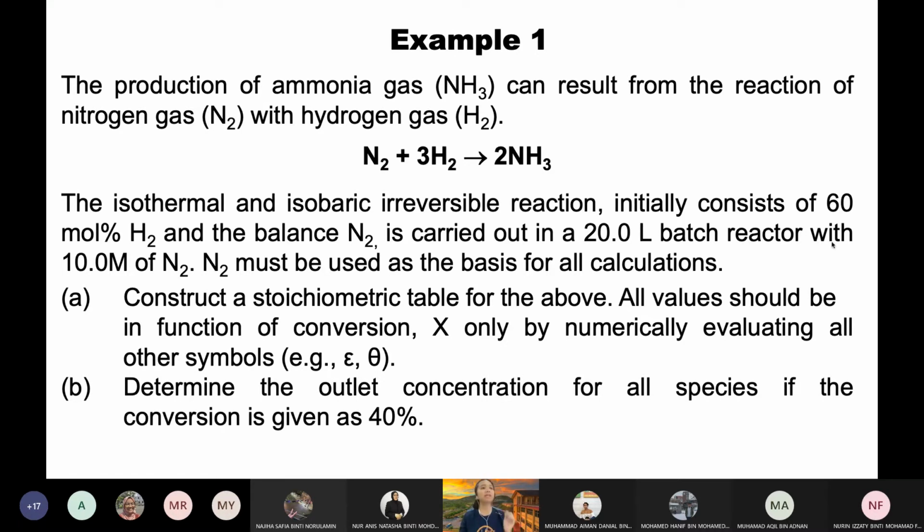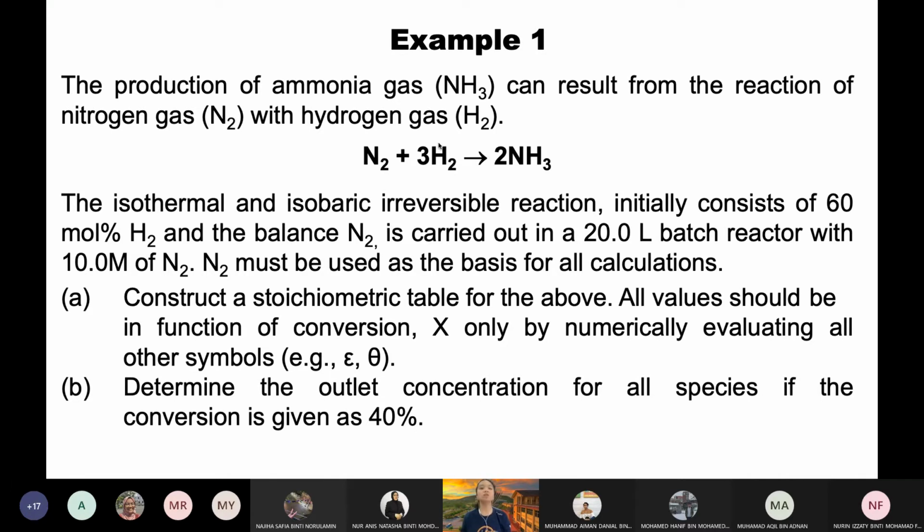So yang dibagi 60 mol persen ni adalah hydrogen, your B. So 60 mole percent is actually your YB0, which is 0.6, the initial mole fraction of hydrogen gas.